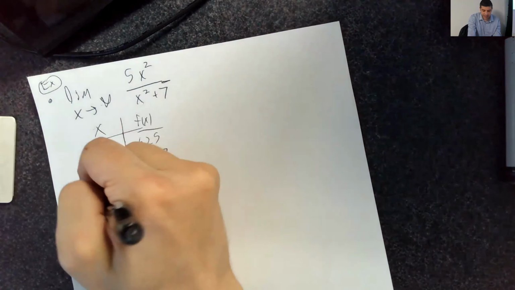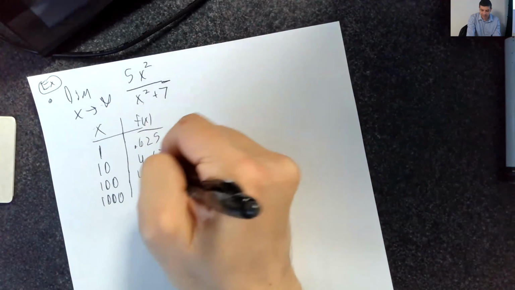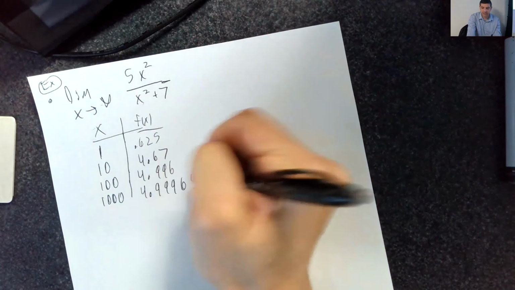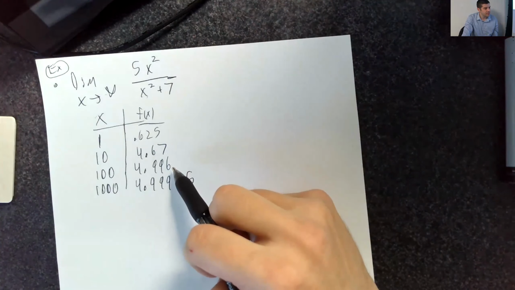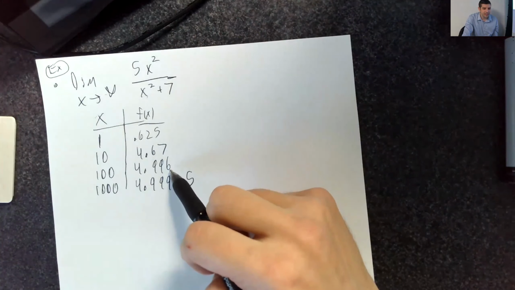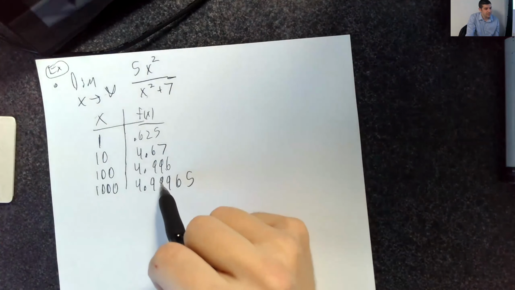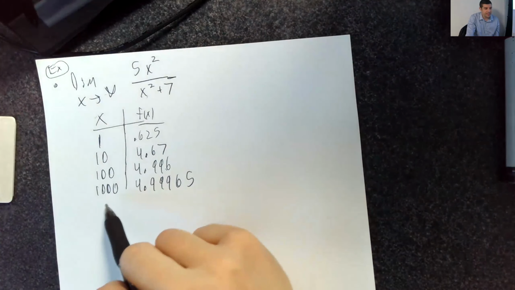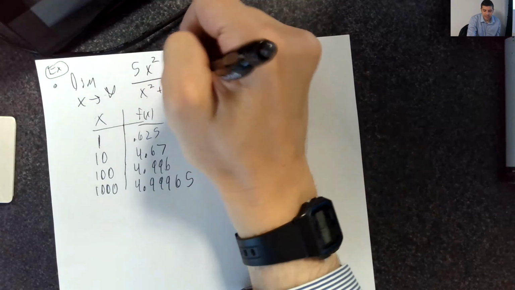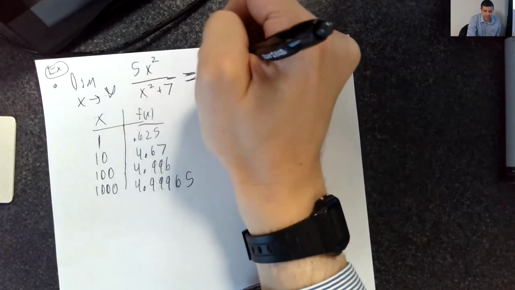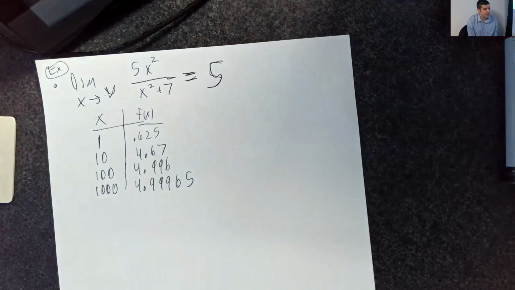If we plug in 1,000, we get 4.99965. Does anyone see a pattern in the y values? Yeah, they're getting closer and approaching 5. You see that? We could plug in 10,000 and get something even closer to 5. So the limit is 5. That's the limit.